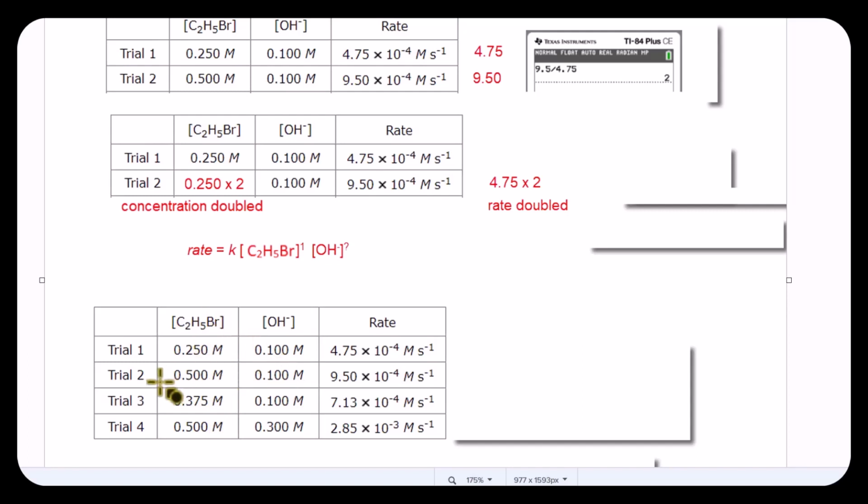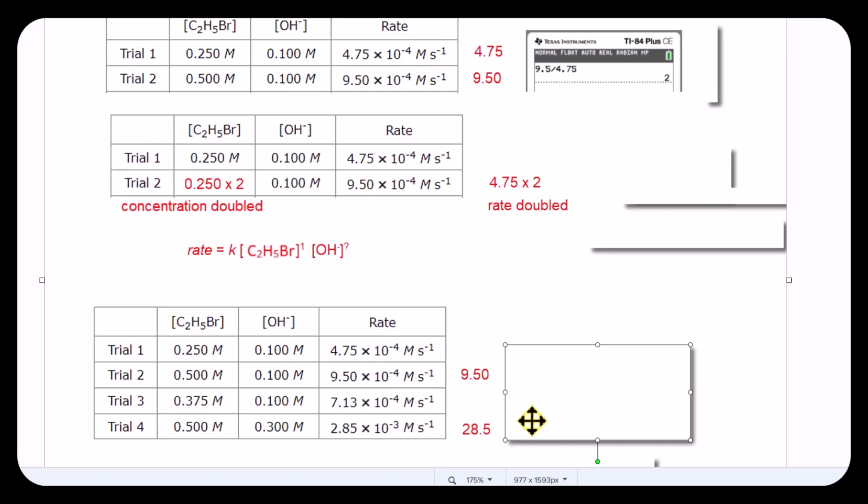So we know that trial 2, we had bromoethane at 1/2 molar, and our hydroxide is 1/10. And on trial 4, the bromoethane is still 0.5, and our hydroxide is 3/10. So our hydroxide was tripled, and we didn't do anything to the bromoethane. So again, let's look at things here. We are going to compare the rate at trial 2, 9.5, to trial 4, 28.5.